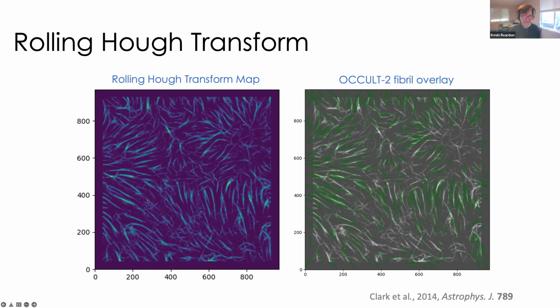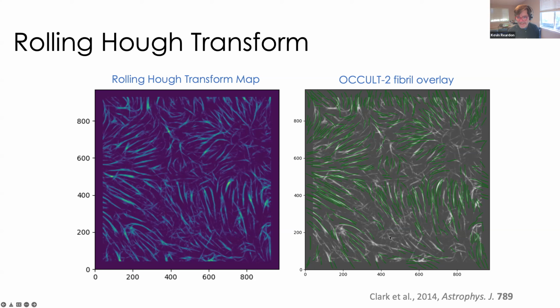And so you see the map here of an image of fibrils with the rolling Hough transform applied. We've done some initial tests comparing that map to the fibrils that were identified with OCCULT-2 in SunKit image. And you see there is some similarity.